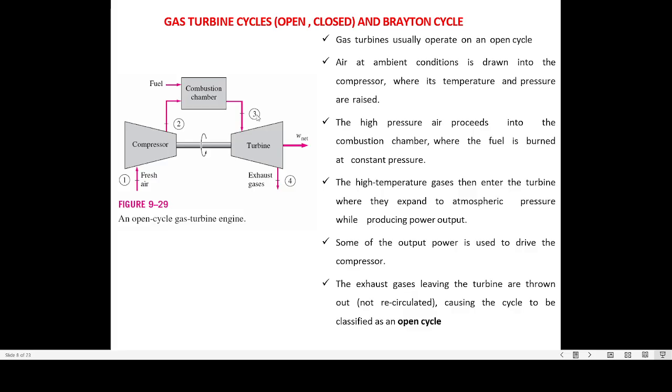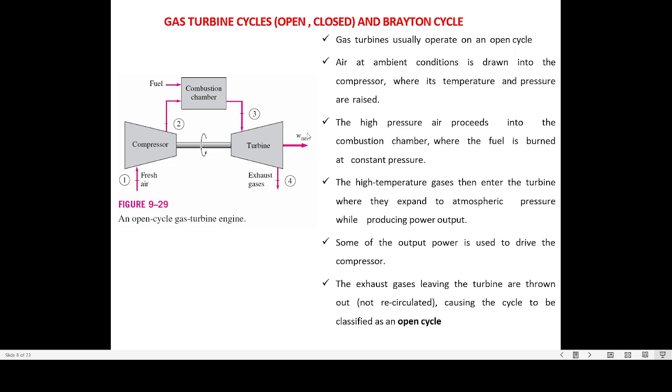Point number 3 represents the condition of the hot gases entering the turbine, high pressure, high temperature gases at the inlet of the turbine. And state point number 4 shows the state of the gases after utilizing their energy, when they are exhausted to the surrounding, right?